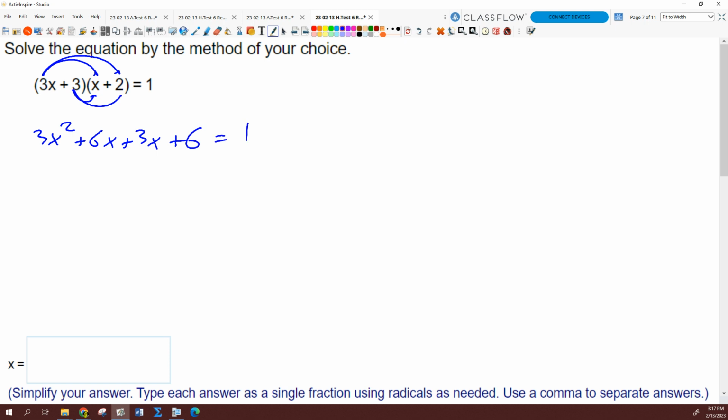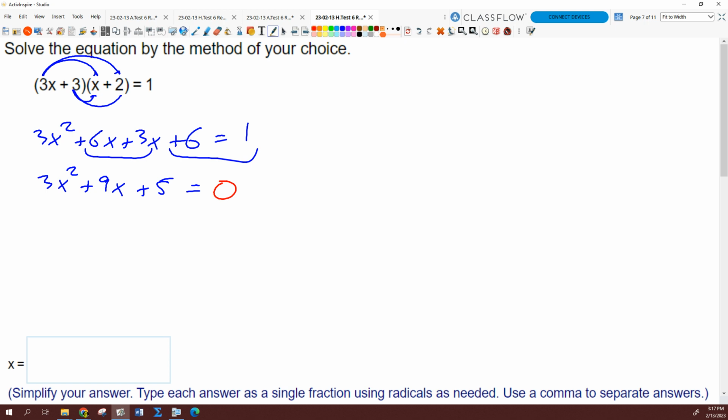So I'm just going to combine like terms and set it equal to 0, right? So I'm going to get 3x squared, those guys combine to a 9x, those guys combine to a 5 on the left equals 0, right? And now we just plug and chug in the quadratic formula.